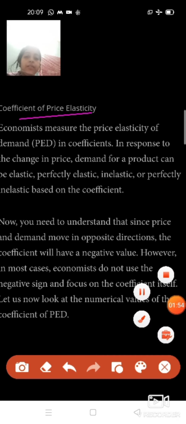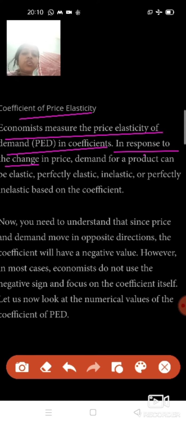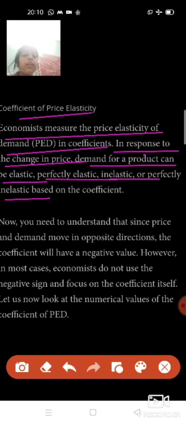Coefficient of price elasticity. Economics measures the price elasticity of demand in coefficient. In response to the change in price, demand for a product can be elastic, perfectly elastic, inelastic, or perfectly inelastic based on the coefficient.